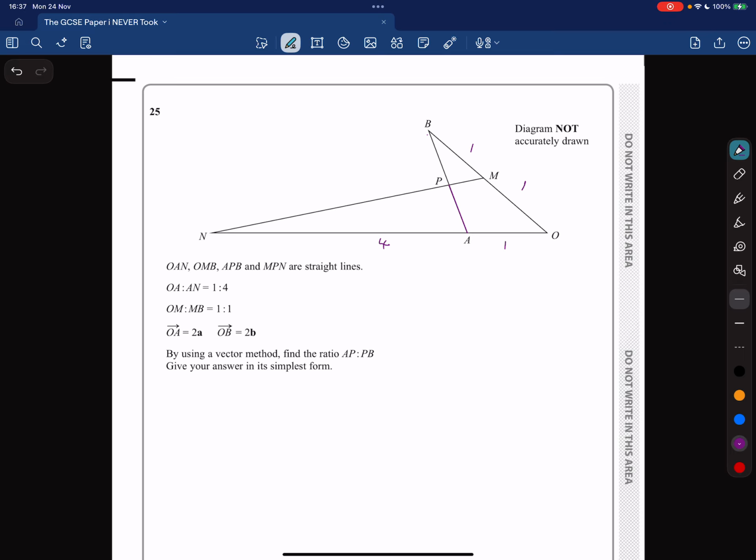Okay, so we're looking at this bit here. So OA is 2A, and then O to B is 2B.